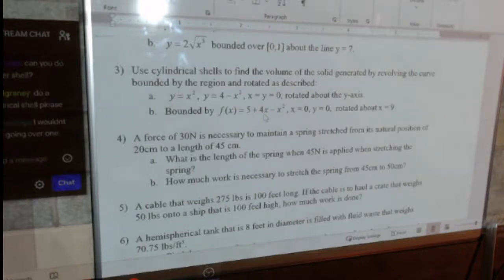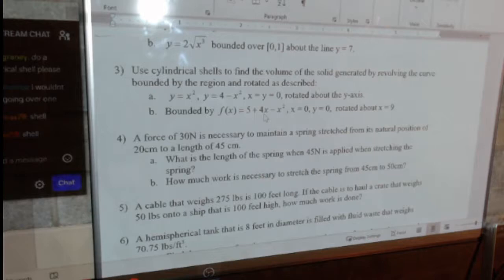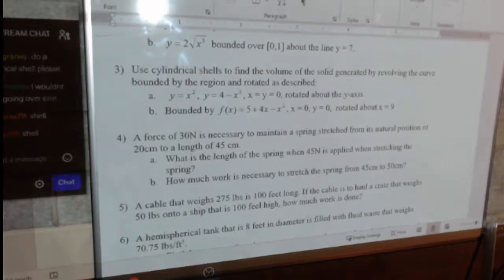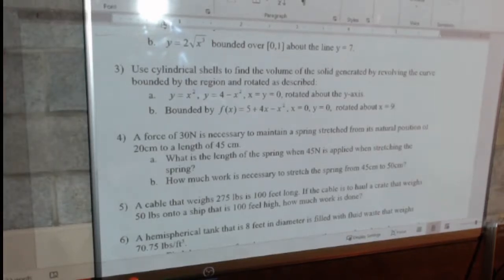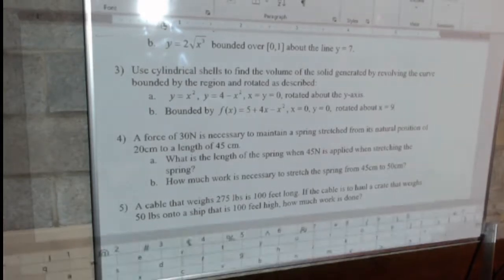Alright, so cylindrical shell. Alright, so let's do this one. I guess I'll just do A. Actually, I'll go ahead and do B. Let me do B. Let me make myself some space here.